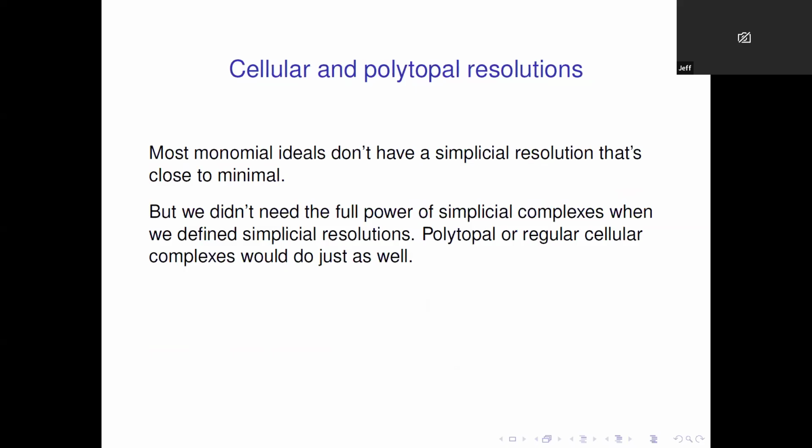So in particular, if you take a polytopal complex and just copy that definition, or even a regular cellular complex and just copy that definition over, you'll be able to talk about a polytopal complex that supports a resolution, which we could call a polytopal resolution, or a cellular complex, so we can talk about cellular resolutions of an ideal.